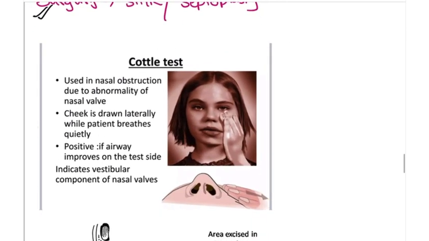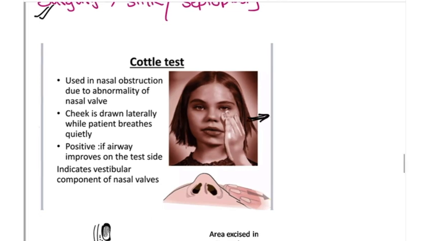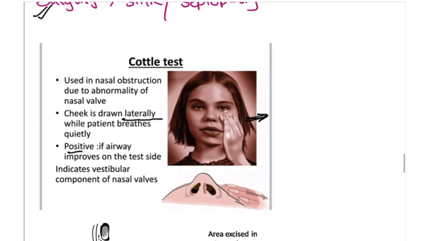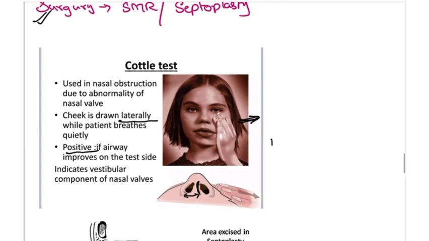So we do a Cottle's test in which the person's cheek is pulled laterally. If it is positive, the airway is going to improve. You see this nasal valve. If you are pulling it, the person will have more space to breathe and can breathe better. So if positive, it means there is a problem in the nasal valve area.